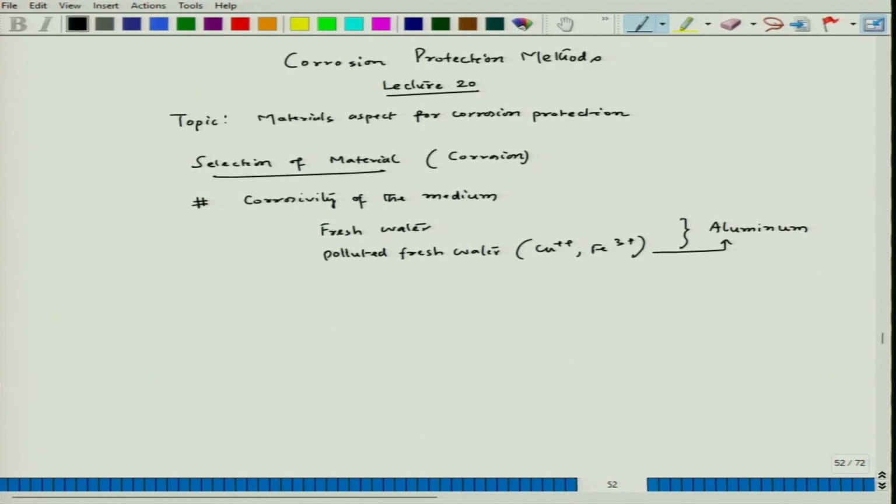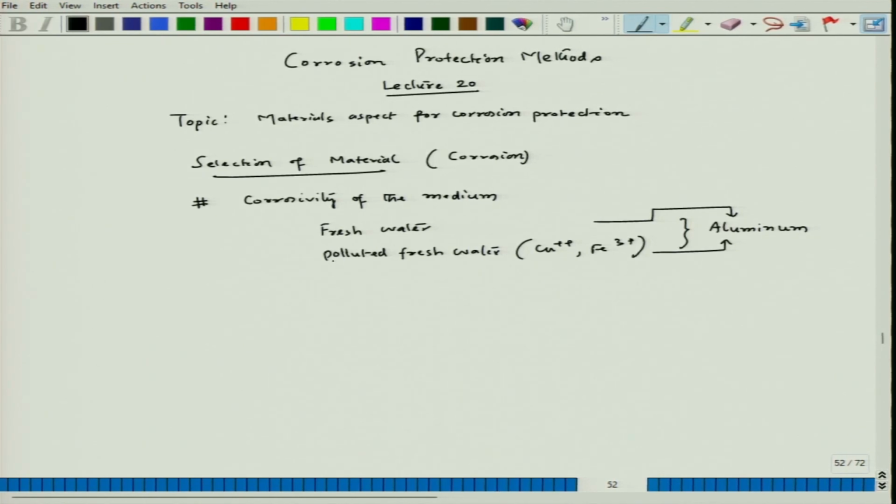But aluminum can be used for the fresh water application quite nicely. So, on the same material, the corrosion effect exerted by these two media is different. Polluted fresh water has a higher degrading effect on aluminum than fresh water.